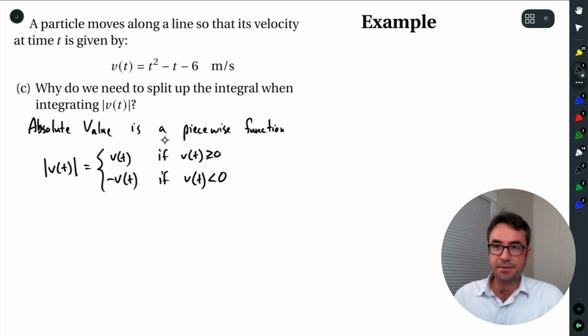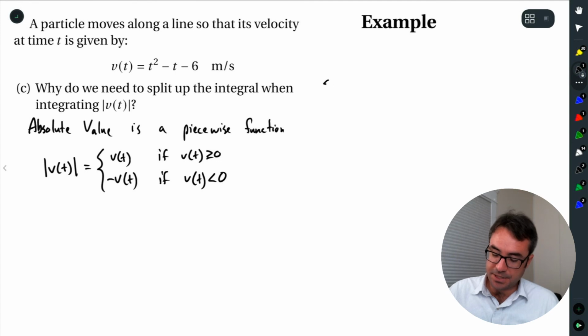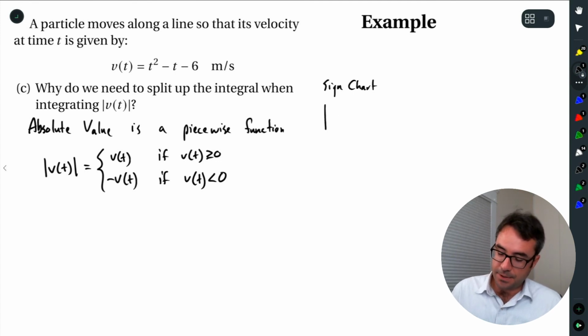It's behaving like this piecewise function. And piecewise functions are difficult to integrate because there are different formulas to use based on these conditions. And so what we found, we did a little sign chart before, and we did our interval from 1 to 4.